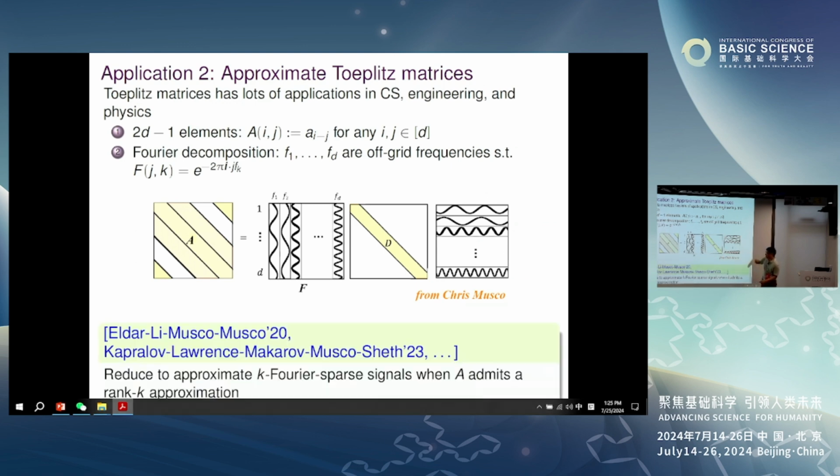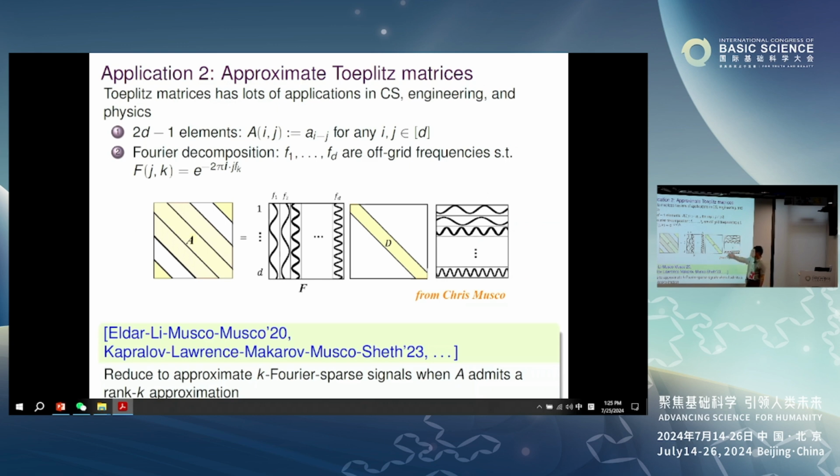I don't have time to go over the detail, but the basic point is that this is a diagonal matrix, so you can think of the elements on the diagonal as the amplitudes, and then these are just standard Fourier matrices.